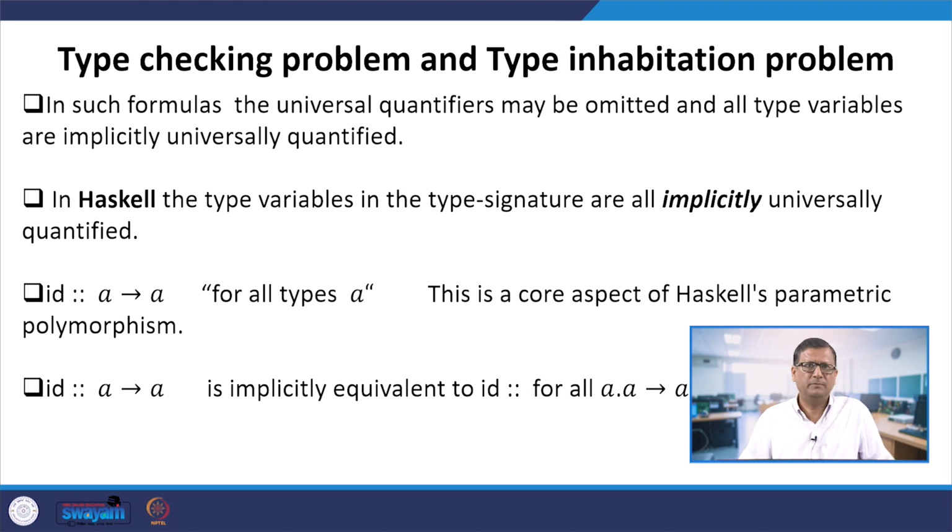So these restrictions resulted in a practical type system in Haskell.